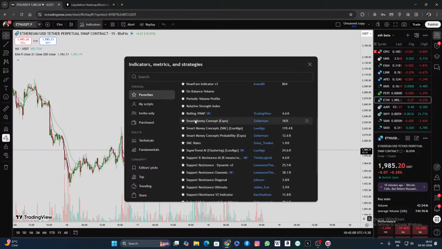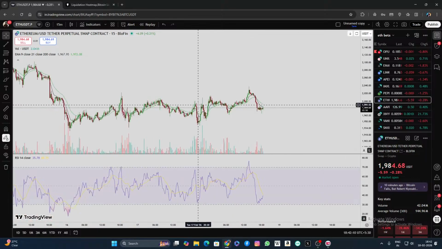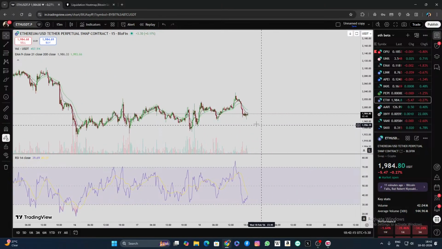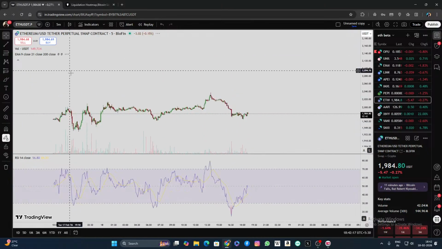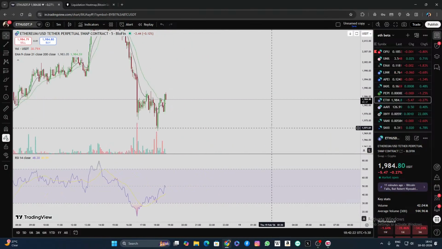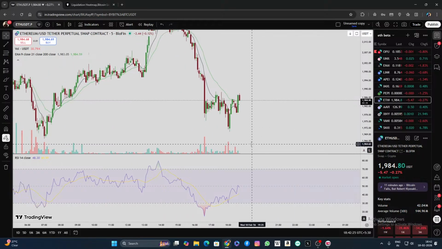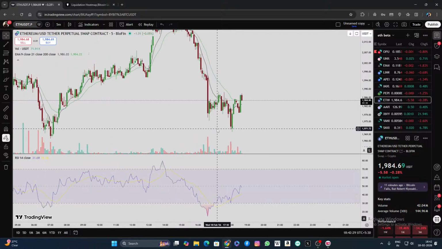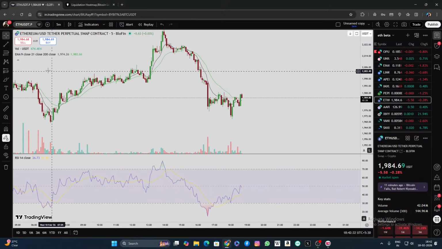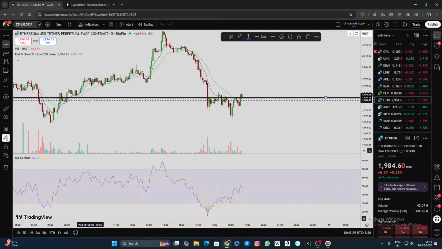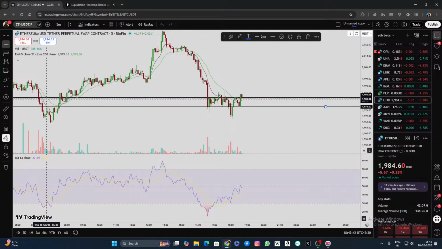Though I don't scalp a lot, but I will try a little around today here. Okay, so let's take zone around here. Next zone around here.